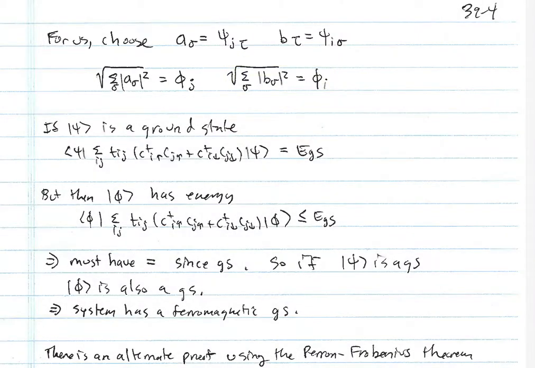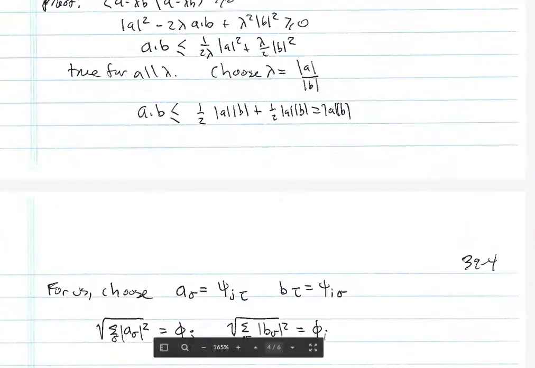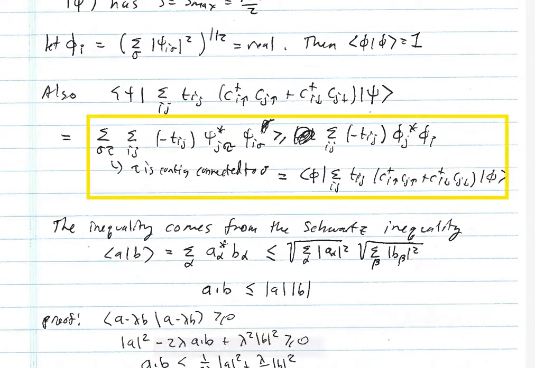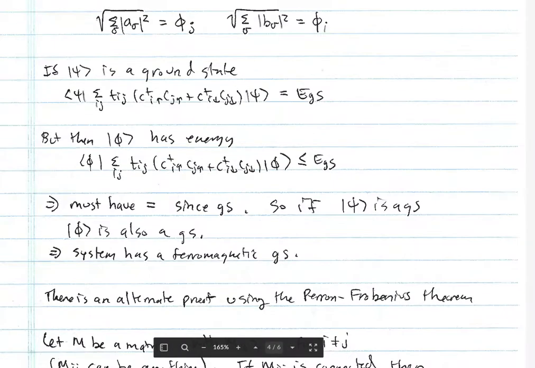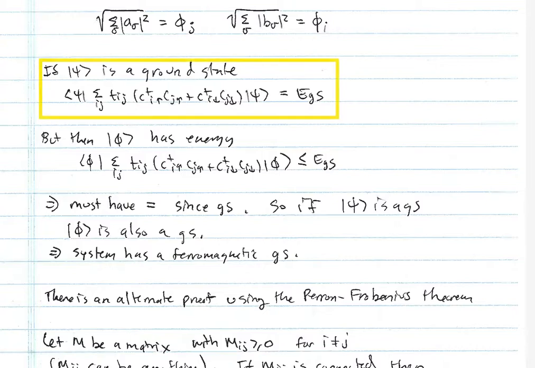And again, let me show you what that inequality is. We have essentially proven this inequality in the middle of the page. And because that is equal to the variational energy, if psi is a ground state, then the variational expectation value of the kinetic energy is equal to the ground state energy, because remember, there's no double occupancy in that state, so the U term, its expectation value, is 0.